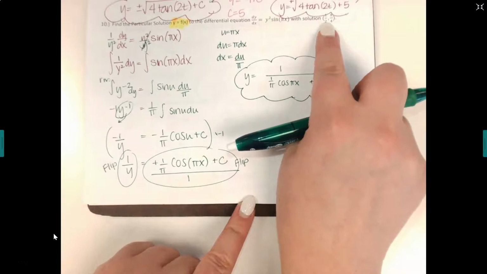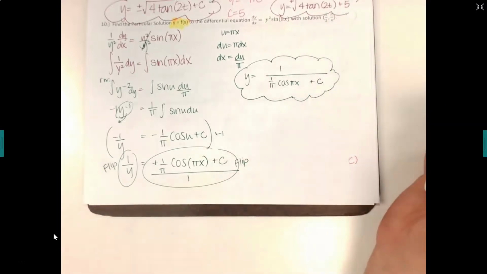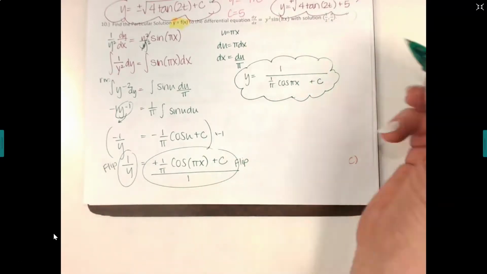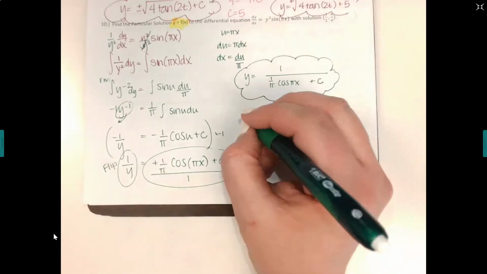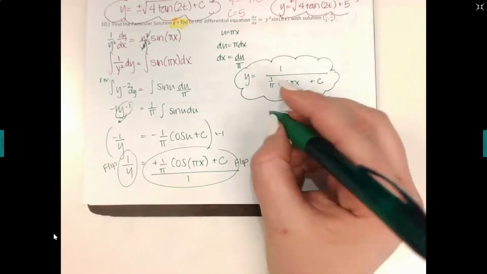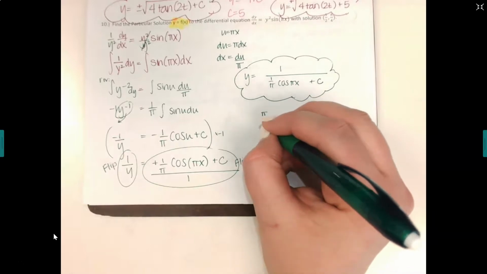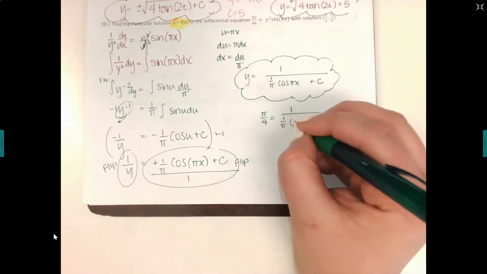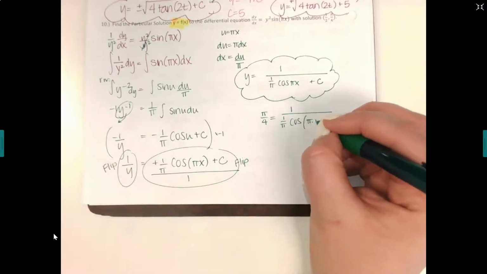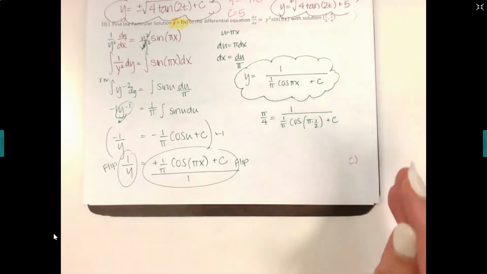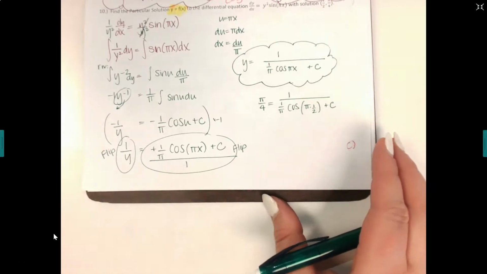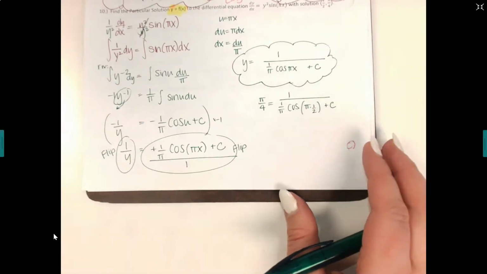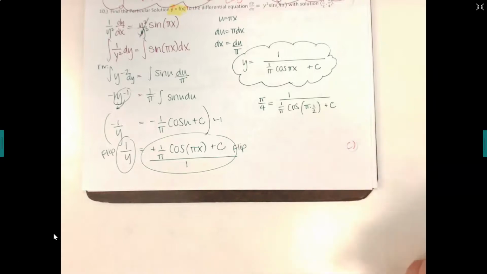Plug in the point. Now, keep in mind that on AP, they're not trying to give you like the hardest questions ever. So when I plug this in here, let's just see what happens. Pi fourths is the y value. When I plug in what for my x? 1/2. Okay, but notice that this is about to be a lot more simple because they chose x to be a half.